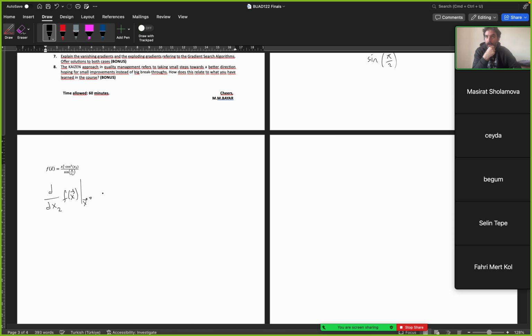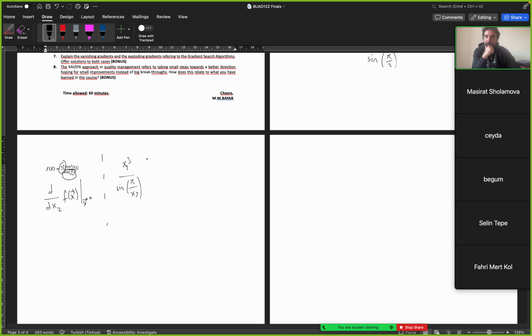I'm trying to find this now. This is a term with x1. This is a term with x3. These are just constants. Here I have x1 cubed over sine of pi over x3.